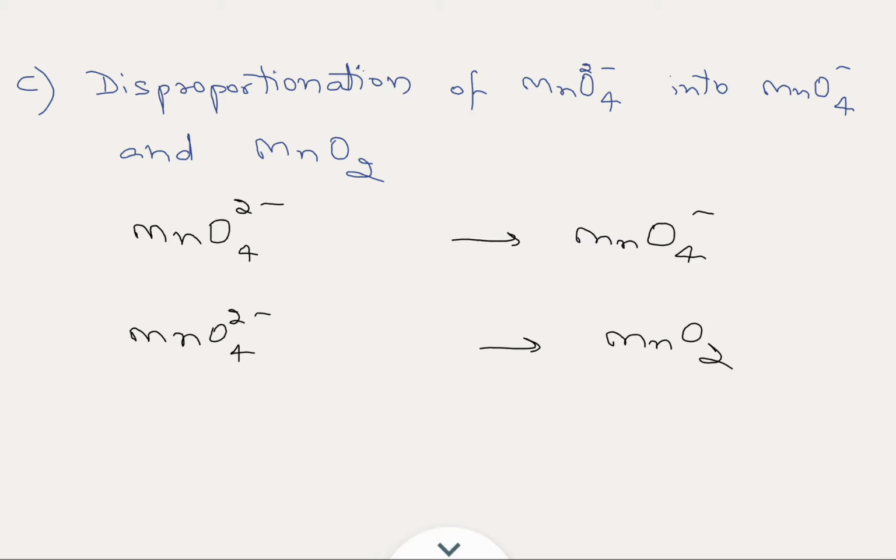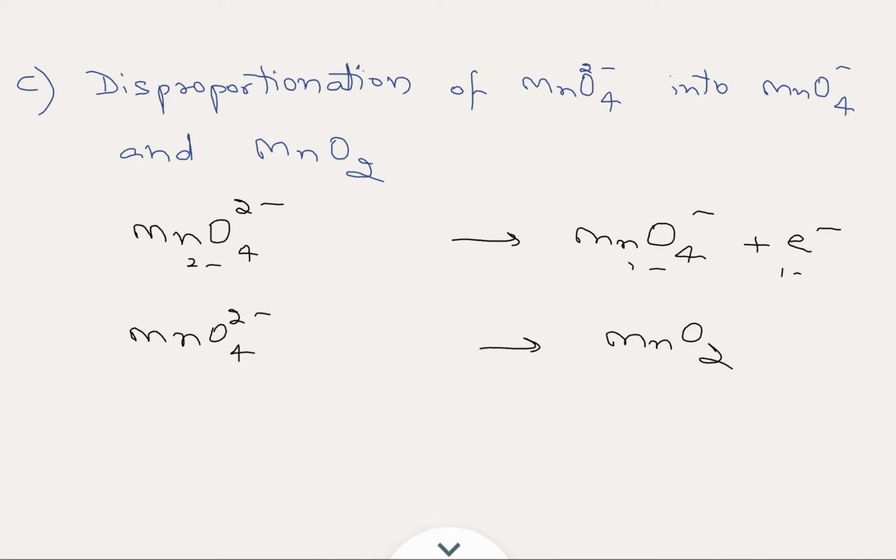Now in order to write the two half equations, you can see that the number of atoms on both sides are the same, but the charge is not the same. The left hand side is 2 minus and this is 1 minus. So we can balance the charge by putting 1 electron. Now you have got 2 minus here and 2 minus over there.